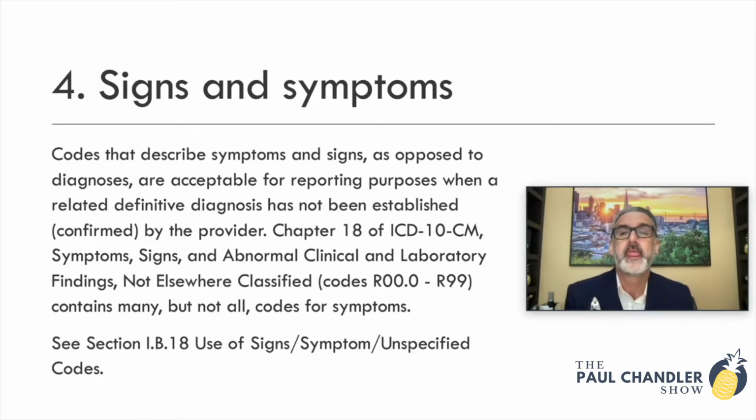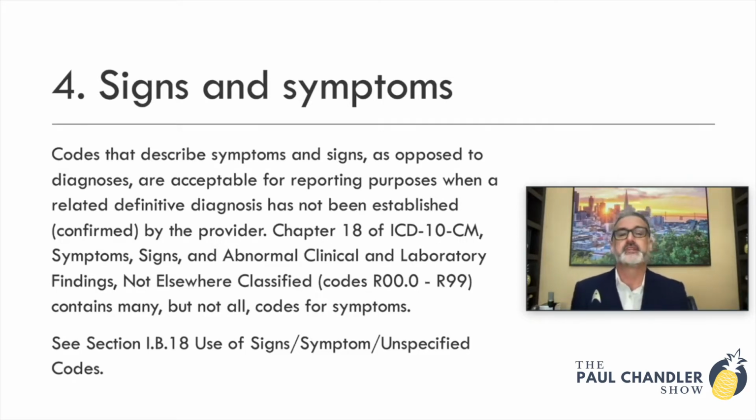Now part number 4 deals with signs and symptoms. Sometimes when we're reading the documentation, the provider may list the signs and/or symptoms the patient may have. However, we do not code those if we have a definitive diagnosis. So when a definitive diagnosis is established, we don't code the signs and symptoms, we code that one or maybe multiple definitive diagnoses the patient has.